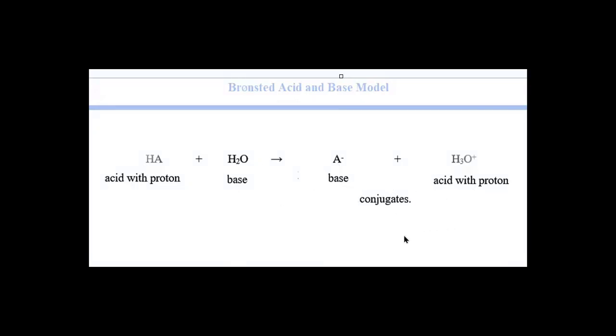One of the reasons we refer to this as the conjugate base, here we have our A-, is because in the reverse reaction, if you look backwards, you say, okay, let's see what's happening to this A-. Oh, look, it now has a proton. So in the reverse reaction, the base ends up picking up the proton. And in the reverse reaction here, we have our acid, H3O+, and we know acids donate protons, and if we go backwards, it has lost that proton.